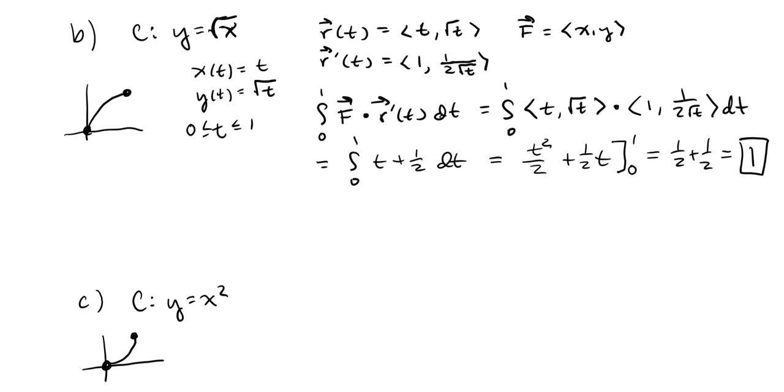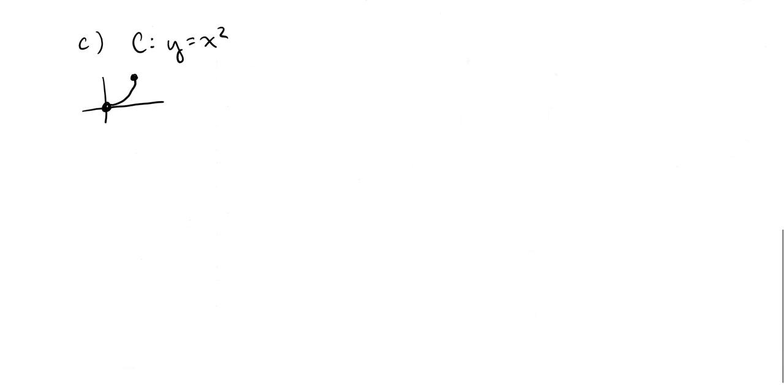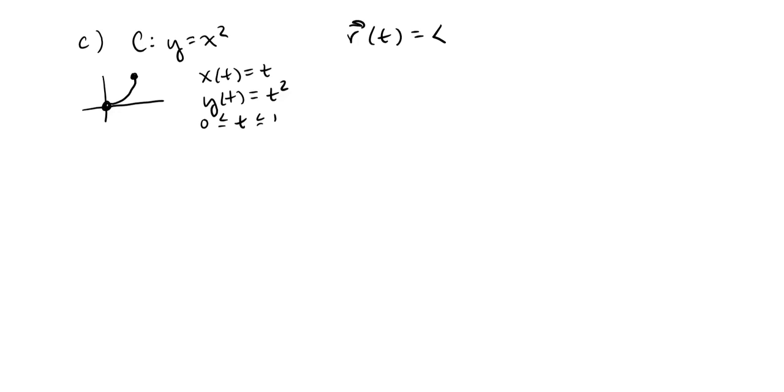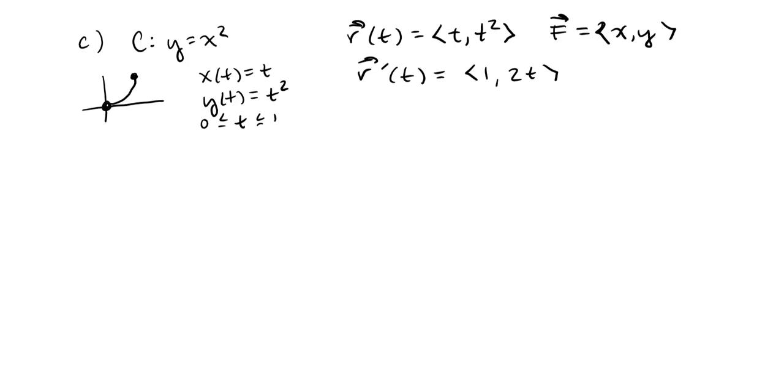Let's try one more. Let's try doing it along the curve y = x squared. This time we're going to have x(t) is t, y(t) is t squared for t from 0 to 1. So r(t) is (t, t squared). F is still (x, y). r' this time is (1, 2t).